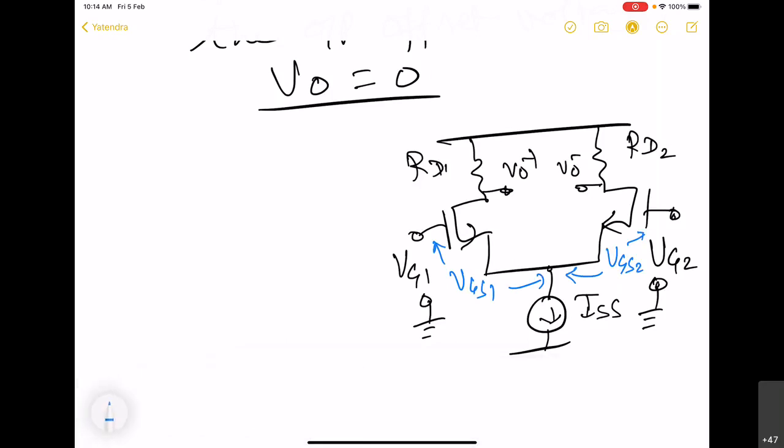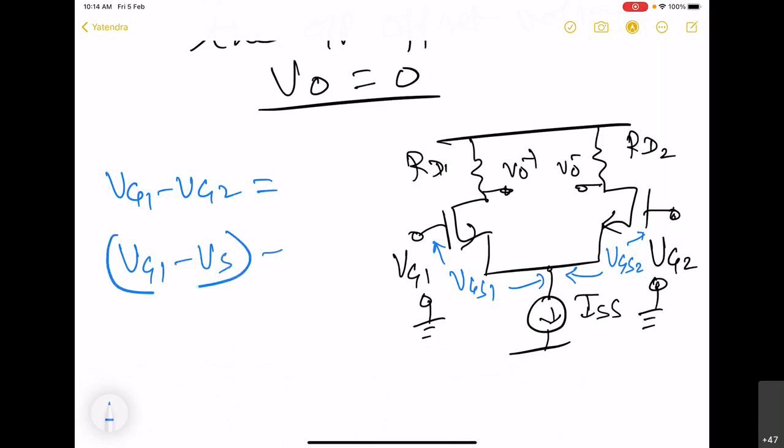Right. So here we can find VG1 minus VG2 equal to (VG1 minus VS) minus (VG2 minus VS), because source is common to both the MOS.